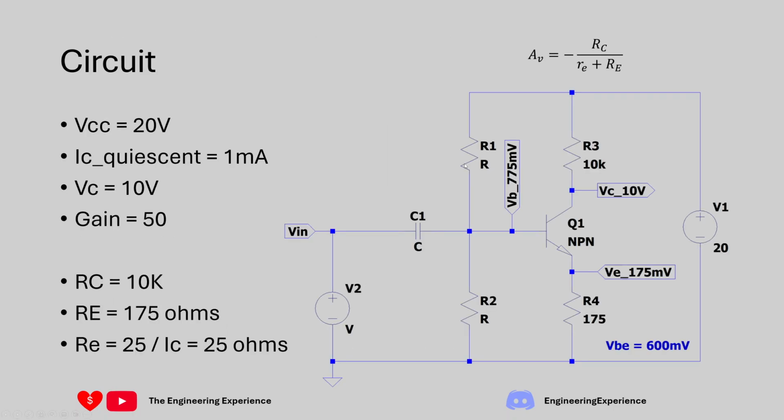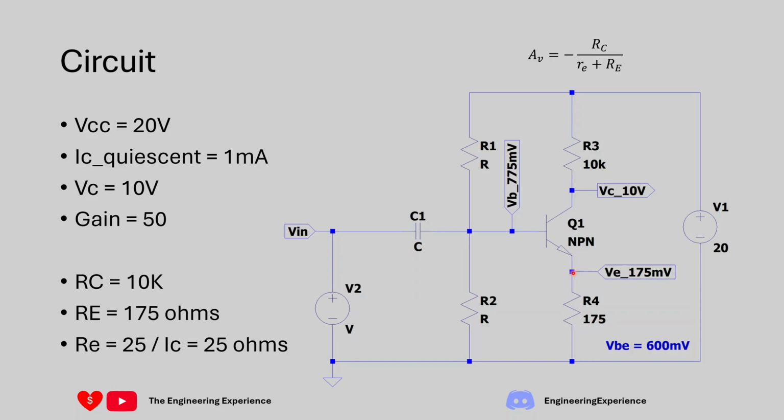Now, going back to the circuit, we can look at where the IE, IB, and IC currents are flowing. We have 1 milliamp flowing down through RE for case 1. We have 600 millivolts from here to here, so we have 775 from the question minus 600, which gives 175 millivolts over here.